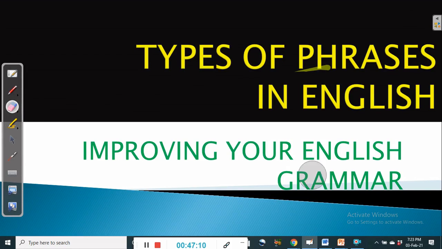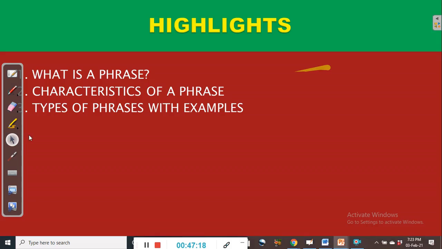Then we have looked at various types of phrases. We first looked at what is a phrase. We looked at characteristics of a phrase. Then we looked at types of phrases with copious examples. So this is where we draw the curtain in today's video.